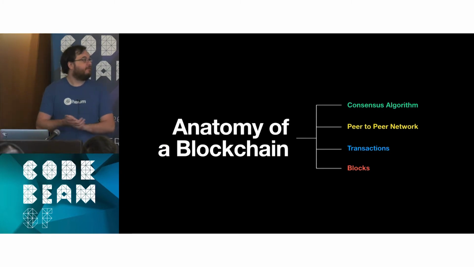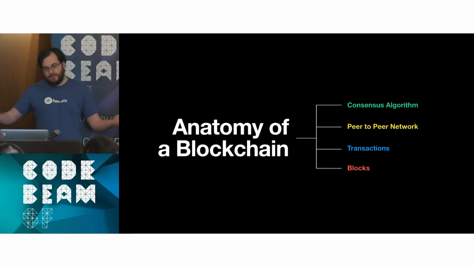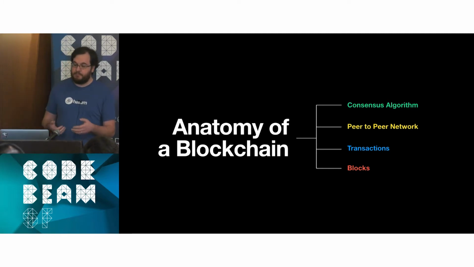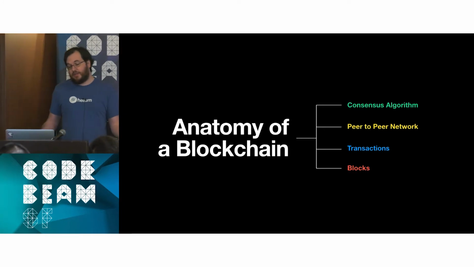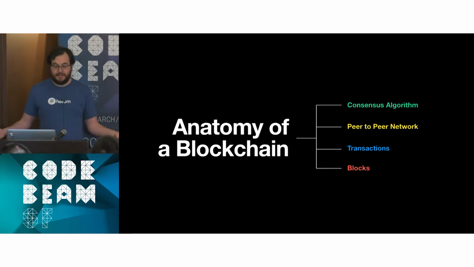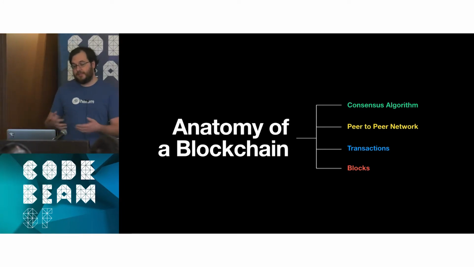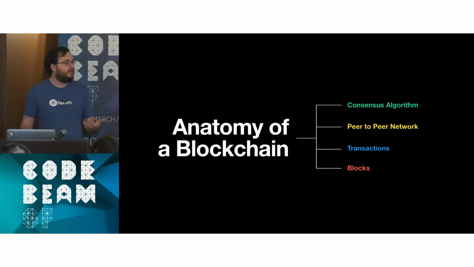So a blockchain has about 4 pieces. The most important and sort of biggest area of diversity is in the consensus algorithm. And of course, the consensus algorithm is useless unless you have a way for all of these things to talk to each other. And because they're untrusted, you don't really know who they are, you have to have kind of a peer-to-peer style network. You can't use distributed Erlang for this because distributed Erlang implies some level of trust.